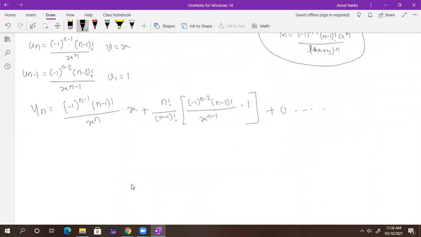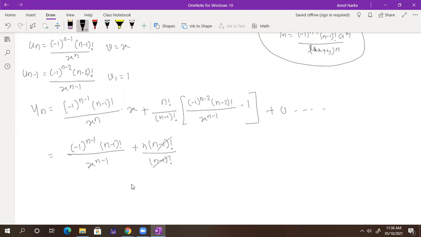So I can write this in a simple way. That x came here, so minus 1 raised to n minus 1 into n minus 1 factorial divided by x raised to n minus 1. Here, can I write this directly as n into n minus 1 factorial divided by n minus 1 factorial?